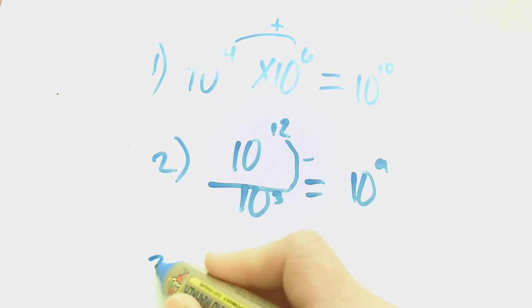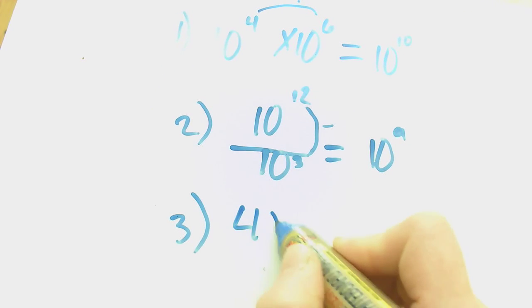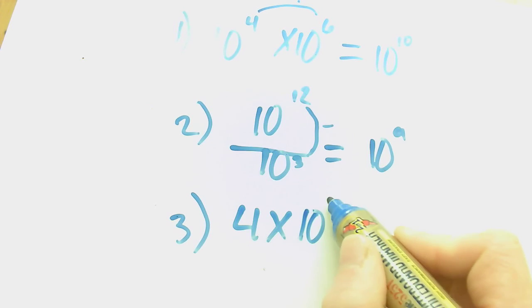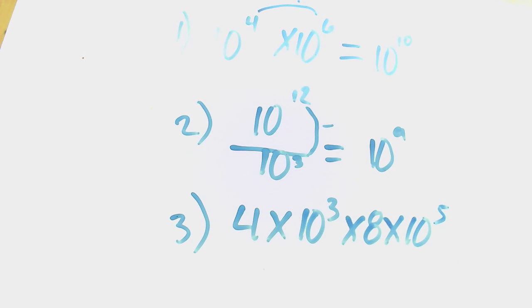So this was number 1, this was number 2. And then for the third one, it was a little more complicated. We had a 4 times 10 to the 3rd power times 8 times 10 to the 5th power. Remember, if this is all multiplication, I can just rearrange things. So I can make this say 4 times 8 times 10 to the 3rd times 10 to the 5th.